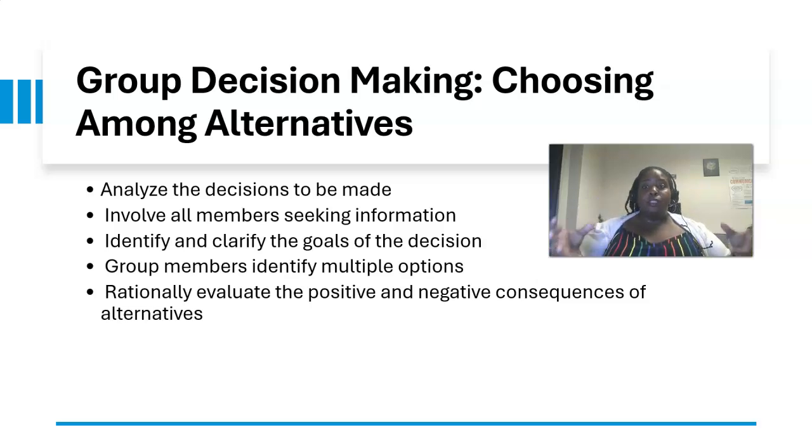This is where the strength in small group communication definitely shows. There is strength in numbers: more brains and more experiences in the decision making process can help make for better decisions. And then the groups will rationally evaluate the positive and negative consequences of the alternatives.